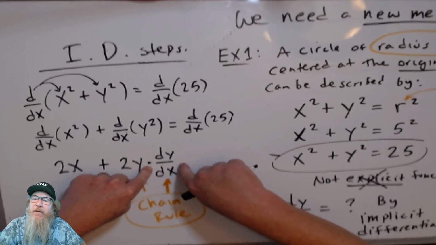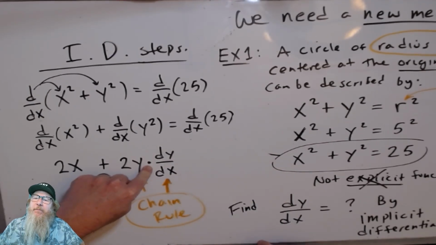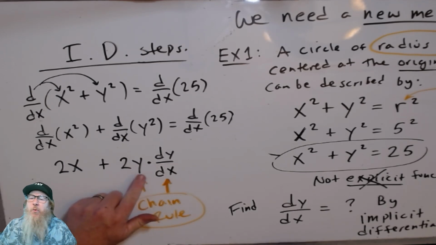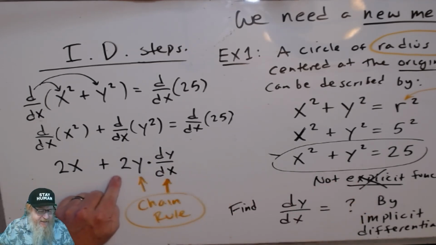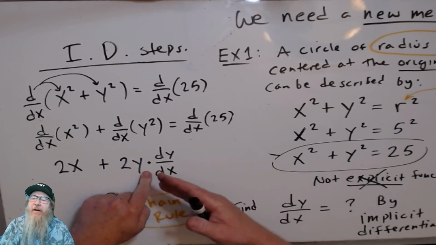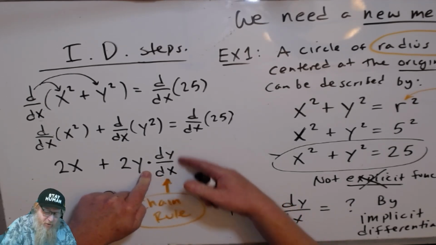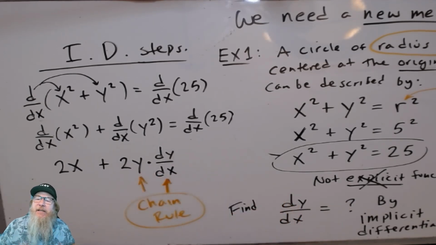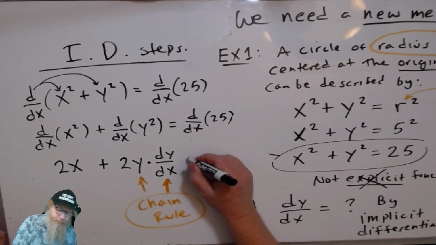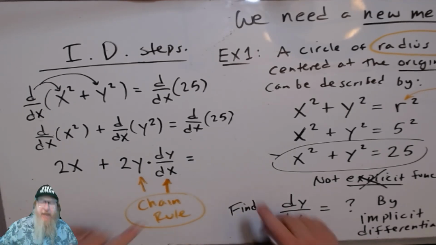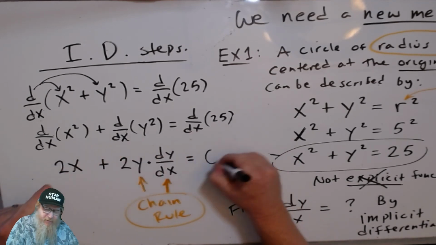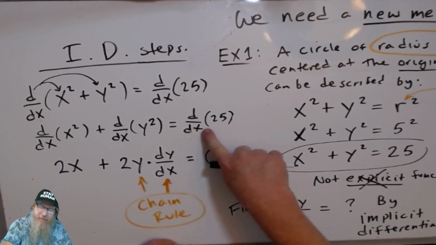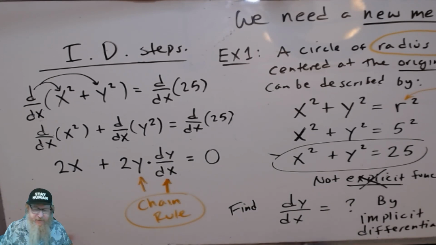You've got to remember to do that. You can't just say 2y and move along. Anytime you approach a y variable, you have to multiply by dy dx to give you that additional factor, the chain rule. Now, when you approach a constant, you get 0. The derivative of any constant is automatically 0.